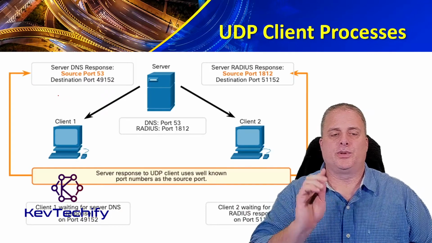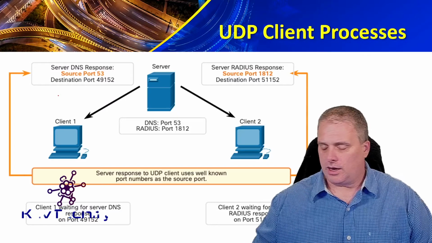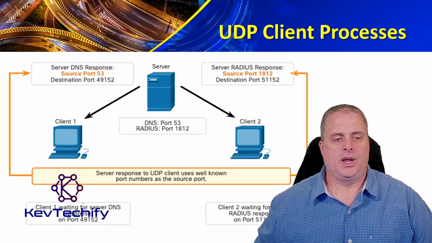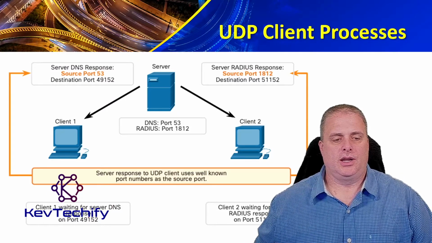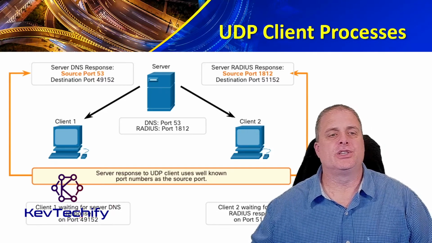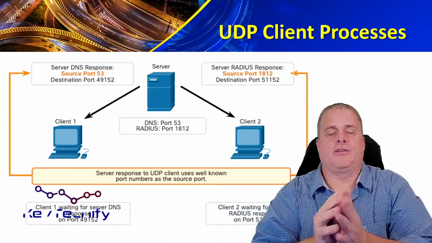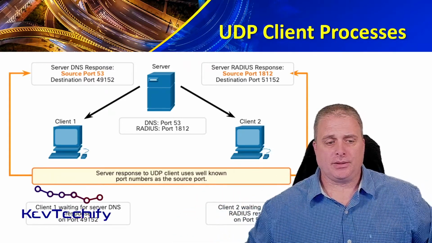Here we have two examples using the DNS and RADIUS for UDP. Down here, client 1 makes a DNS request. It sends it to the server. Once again, there is no confirmation, there is no information coming back.